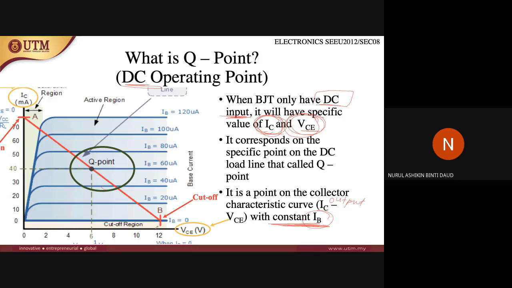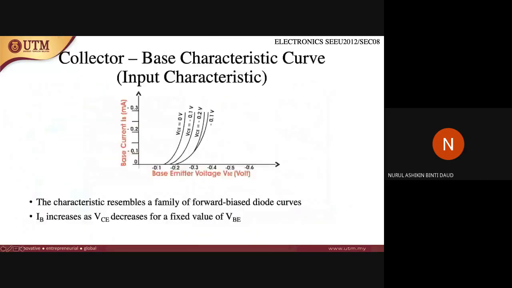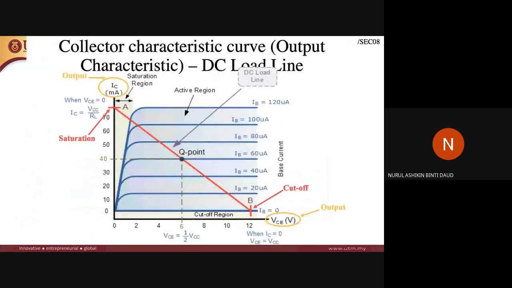So how to find the Q point just now? If you still remember the graph that I showed you before, let's say this graph is given and they ask you to identify the Q point of the graph.